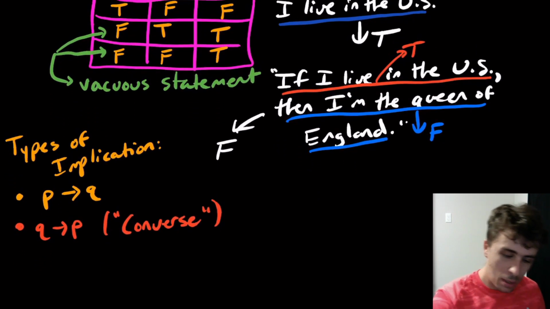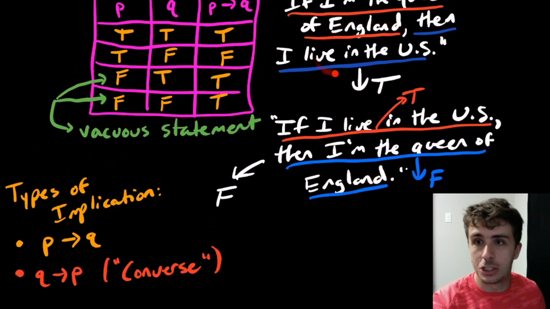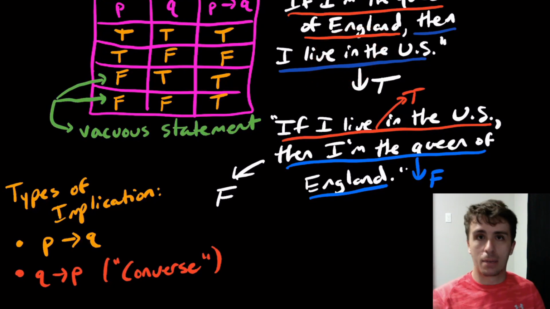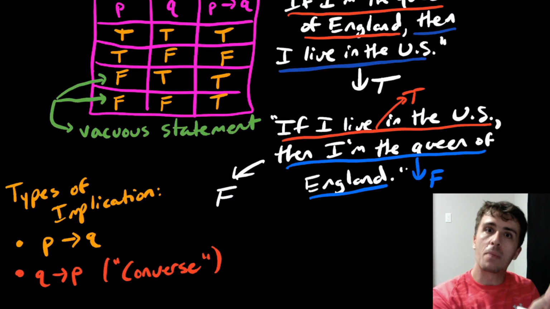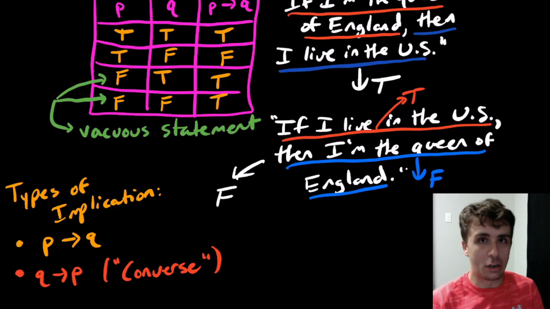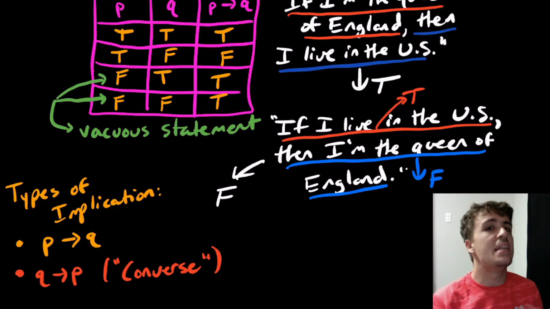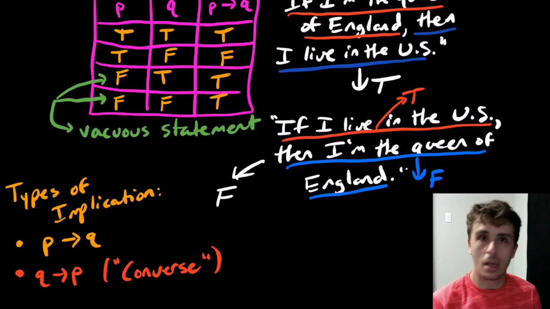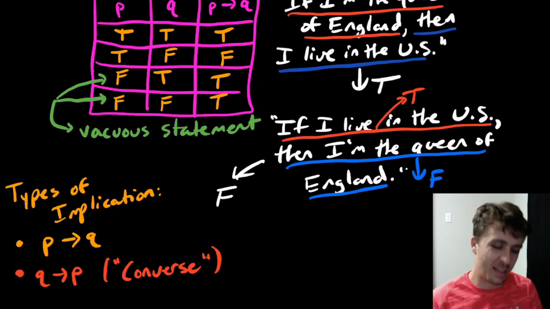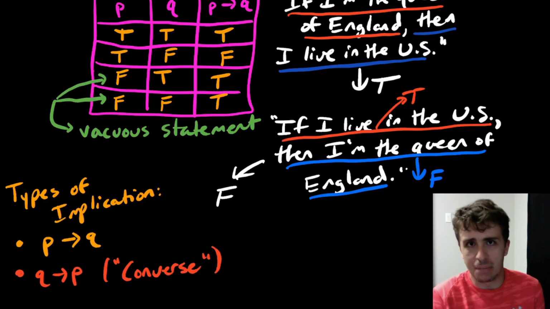The example we just did is the converse of the one up here. So this tells us that if we form the converse of a statement, it's not necessarily equivalent to the original. It may be the case that the converse is equivalent, but in this case it might not, just so you're aware.